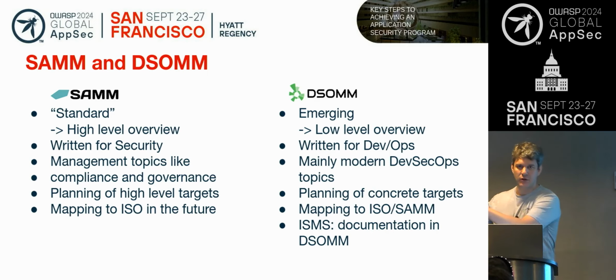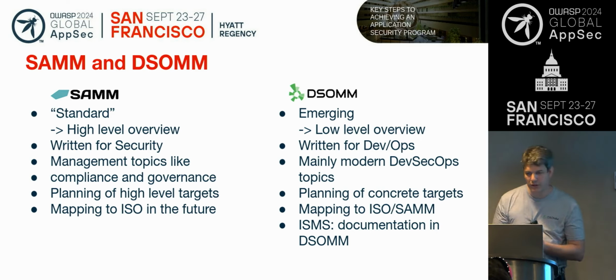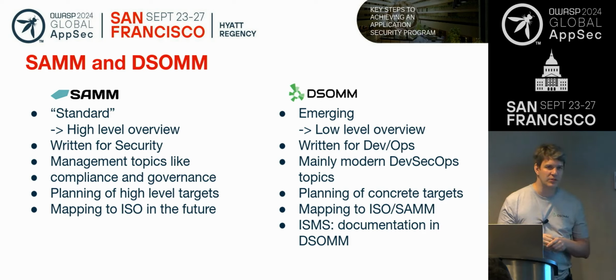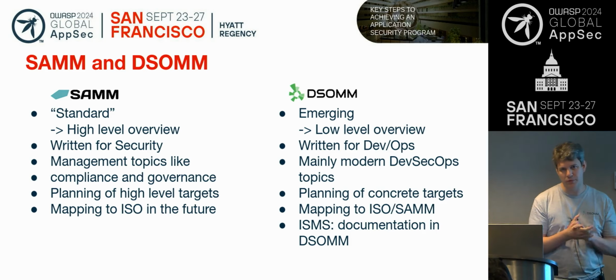Then we have the DevSecOps maturity model, which is close before implementation. It's an emerging project, I would say. It's used already around the world, but I feel not as much as SOMM. It is written for developers and operations, so that is a big difference from my point of view.